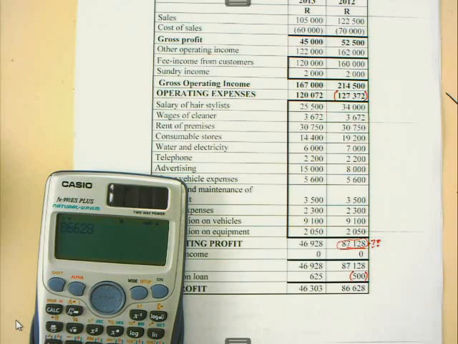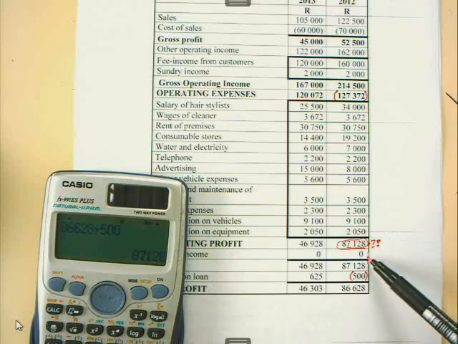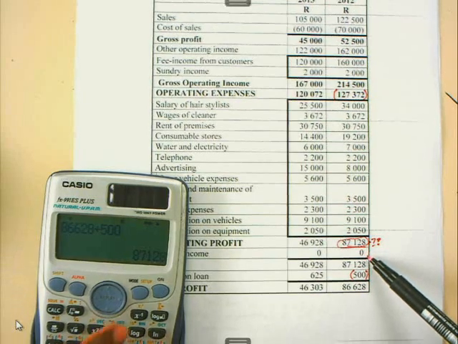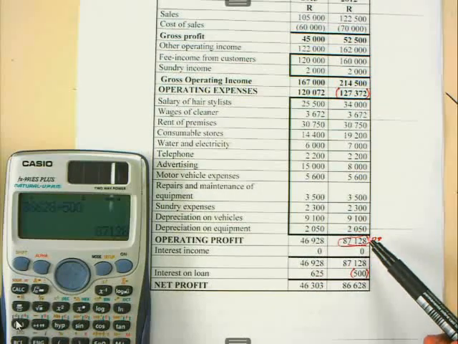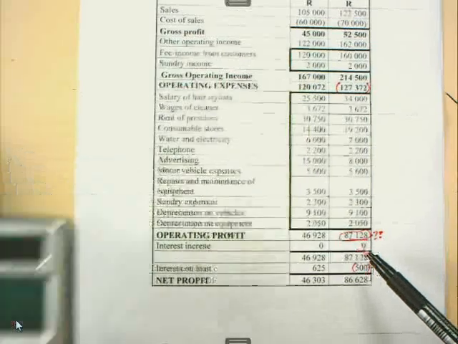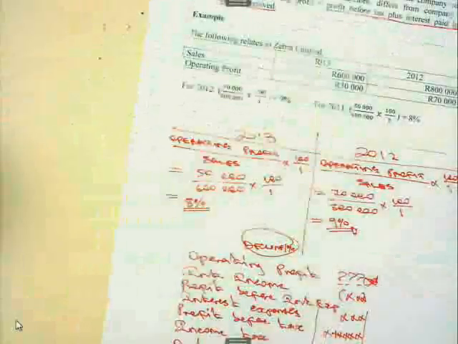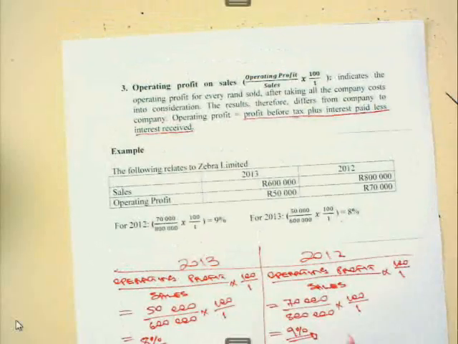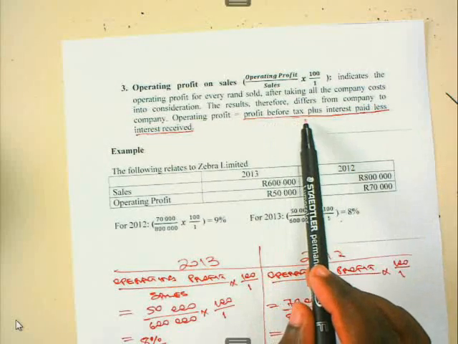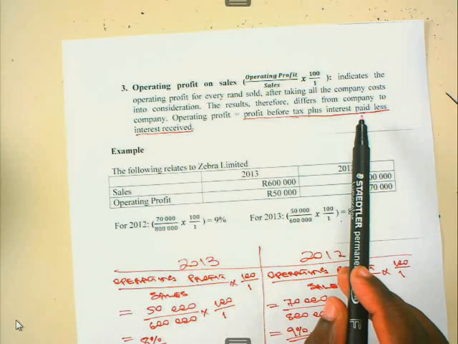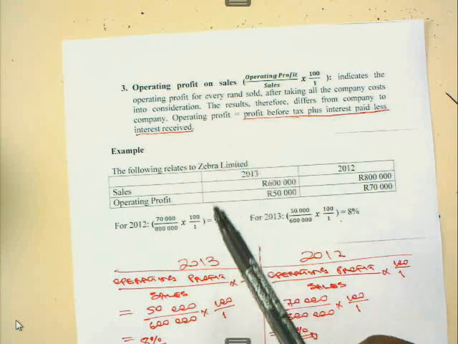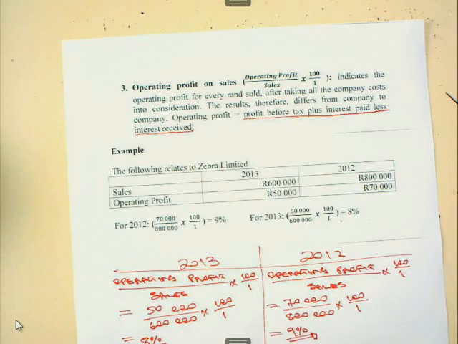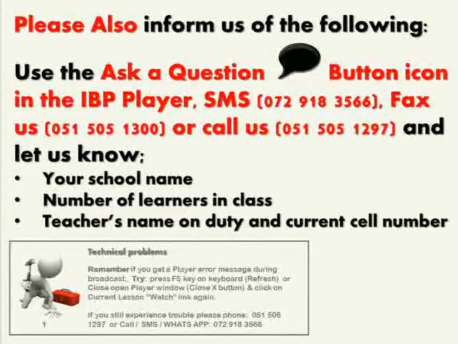You add the interest on loan of 5,500, I'm sorry. It will give you, because there is no interest income, our operating profit of 87,128. Like I said, if you are not given that information, then you will take the profit before tax, you add interest paid, you subtract the interest received. It's a reversal entry. Thank you very much for this. Let us take a break, then we'll come back and finish up.